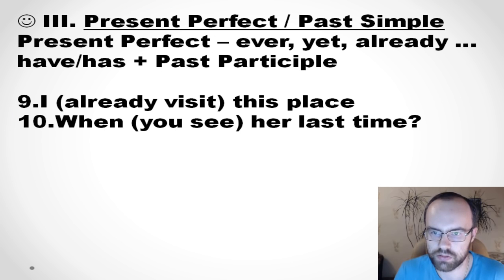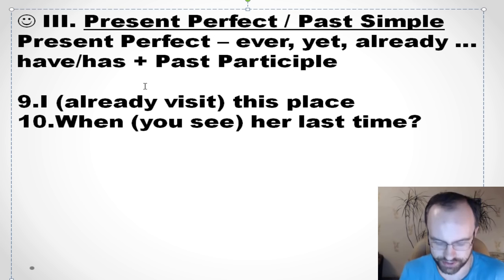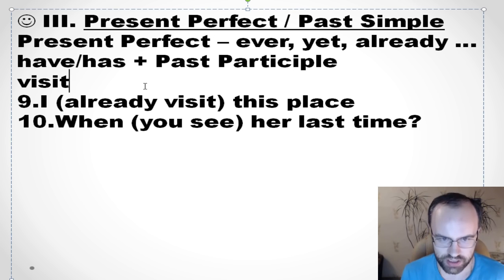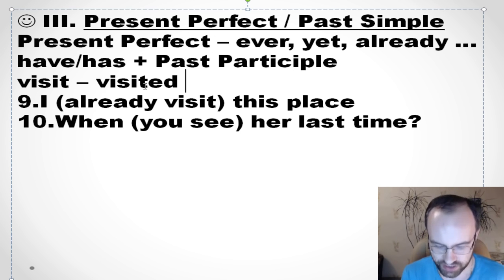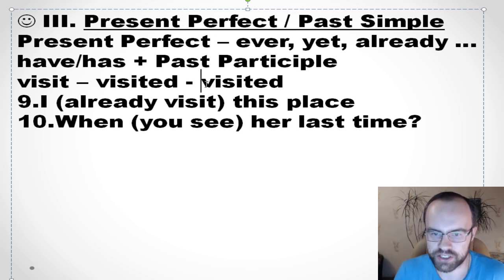So how will you say it? Okay, so visit is a regular verb. Yes, this verb is regular, and we know its forms: visited and visited. So visited, the third form, is past participle, right?